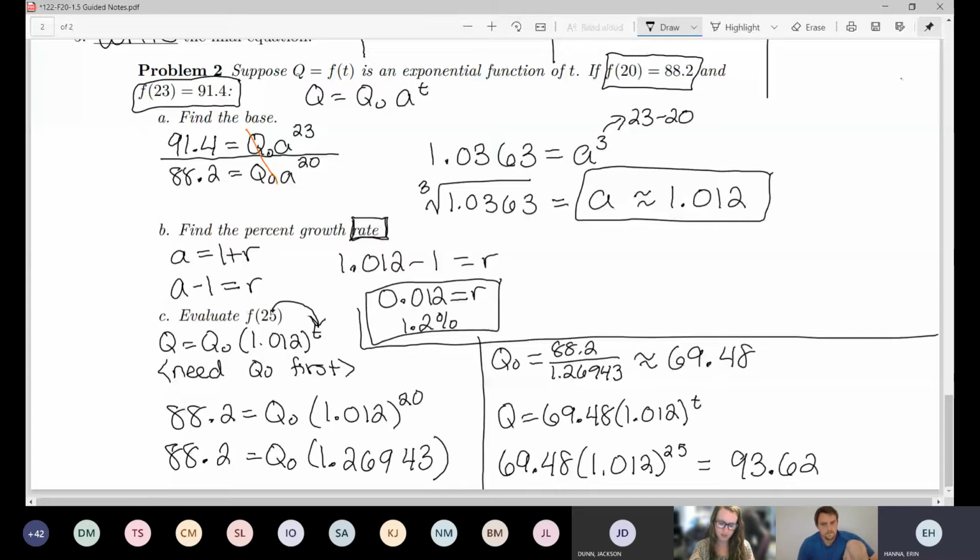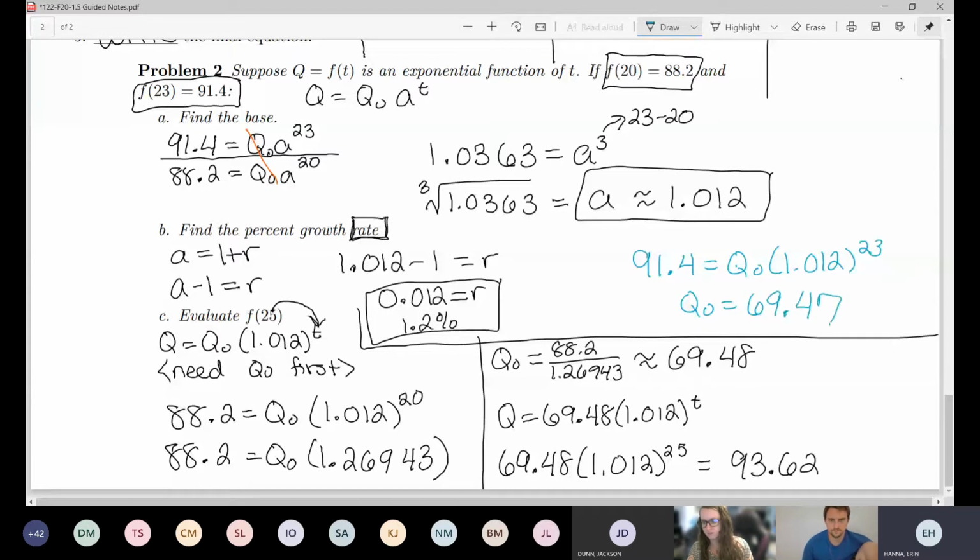If we used the other equation, the 91.4, we would have gotten that q naught was 69.47, so just off by 1/100th. That's what I mean by your answer should be close. They might differ slightly, but you'll get about the same answers. And this is what I mean by Wiley should have a tolerance for that. But again, if it seems to really be screwing you over, just let me know.